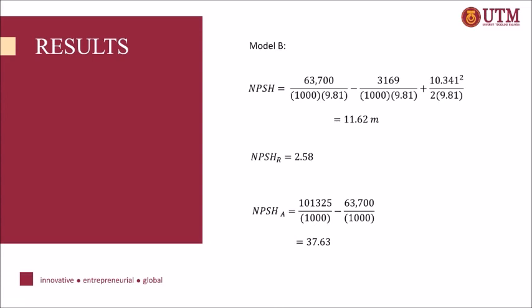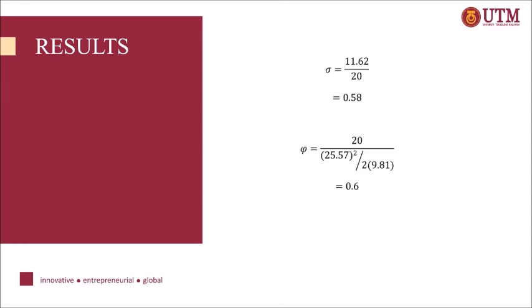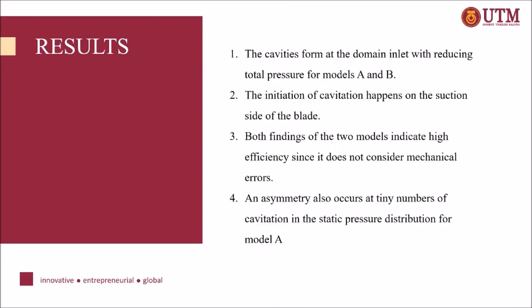This is the calculation for Model B. The NPSH is 11.62 meters, the NPSHR is 2.58, and the NPSHA is 37.63. The Thoma cavitation number is 0.58 and the head coefficient is 0.6.